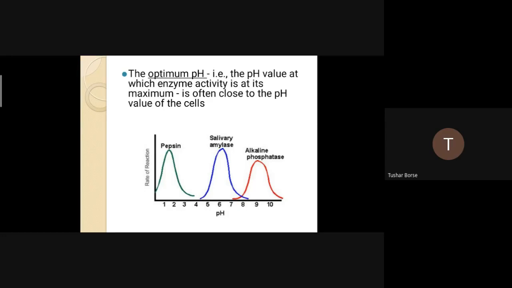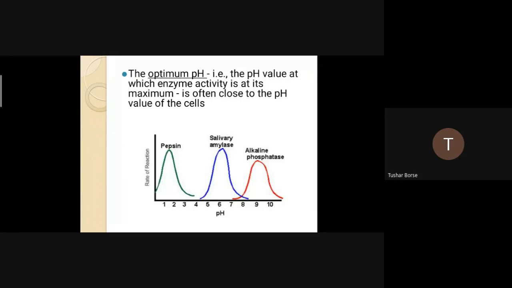Same in case of salivary amylase. The optimum pH of salivary amylase is between 6 to 7. If we increase the pH of medium after 7, the rate of reaction is going to reduce. And same in case of alkaline phosphatase.